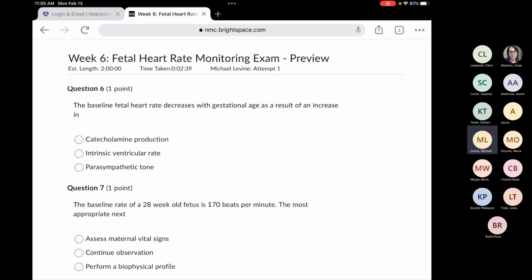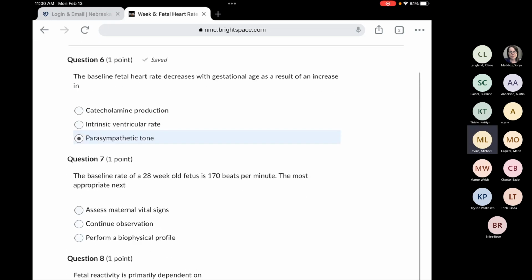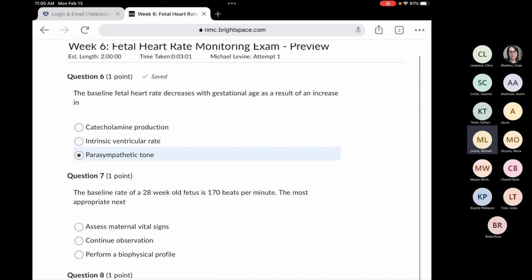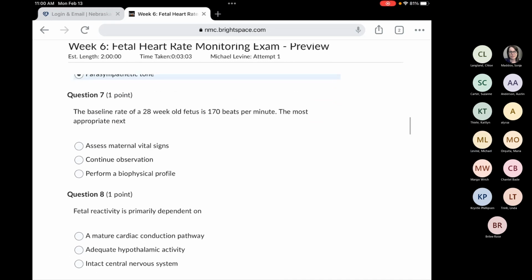Question 6, the baseline fetal heart rate decreases. This is just another way of answering the same question as a couple prior: decreases with gestational age as a result of an increase in parasympathetic tone. If anyone has any questions, please don't hesitate to say something.